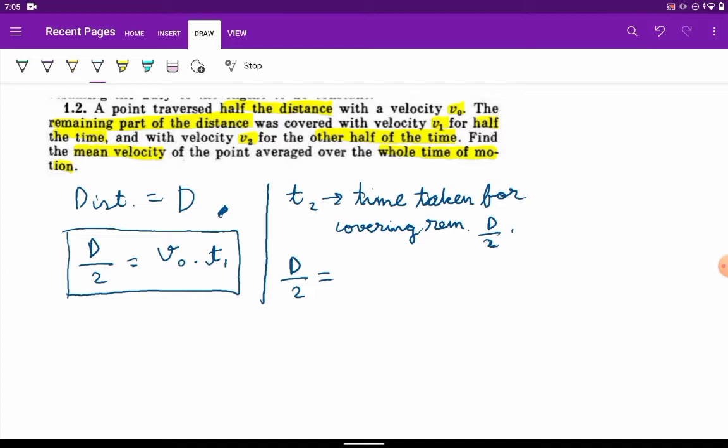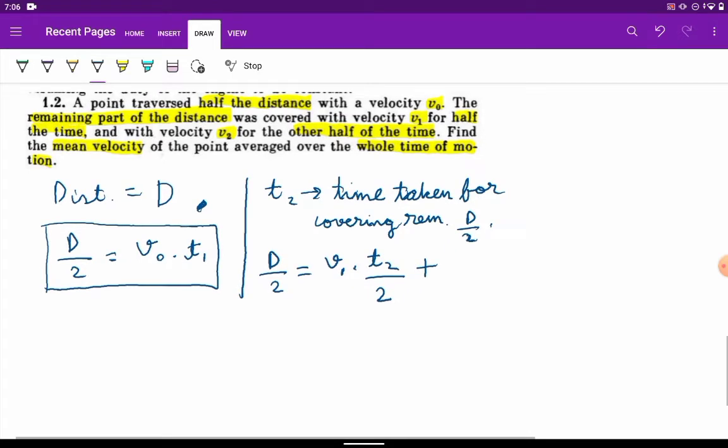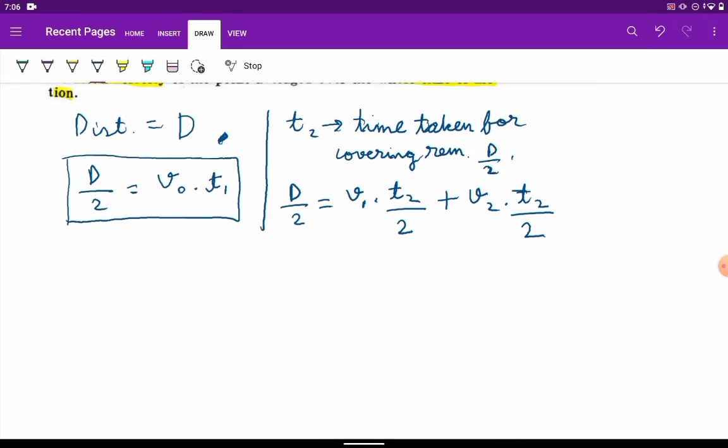So D by 2 is v1 into t2 by 2 plus v2 into t2 by 2. It's as simple as that. Basically you just cancel out these twos.